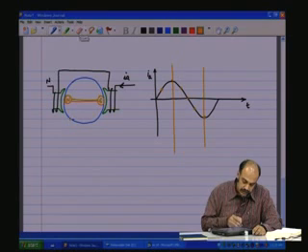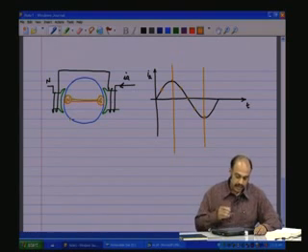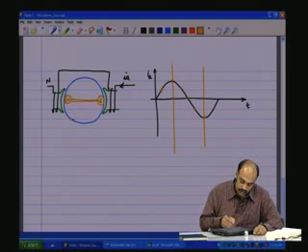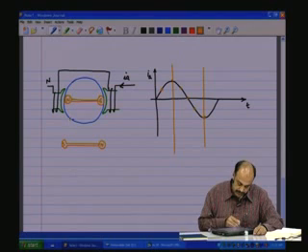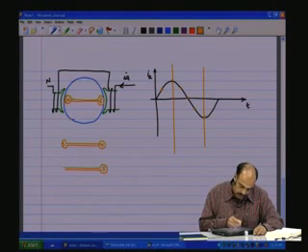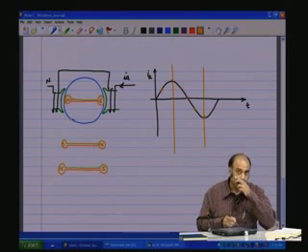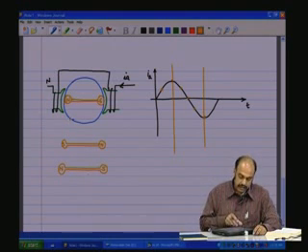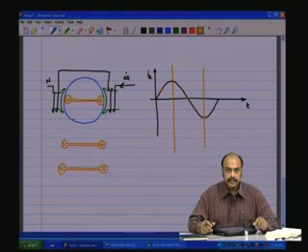At these 2 points the dumbbell length will be the same, maximum, except that during the positive max it is going to be north on this side, south on this side, and during the negative max it is going to be south on this side and north on this side. That is, in a half cycle, the dumbbell has rotated and shifted by 180 degrees.